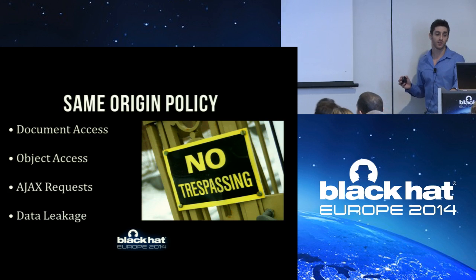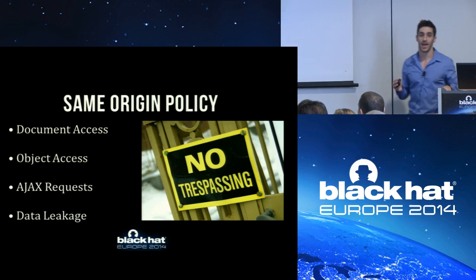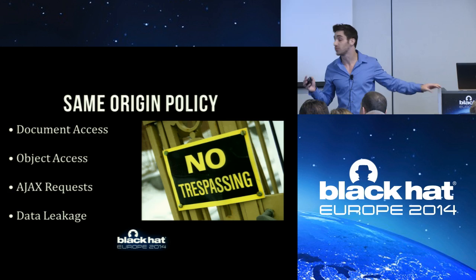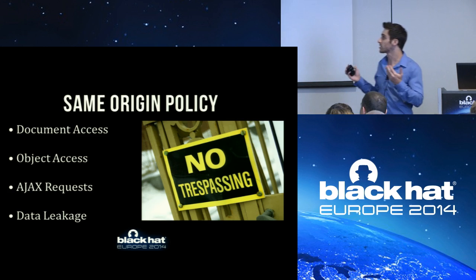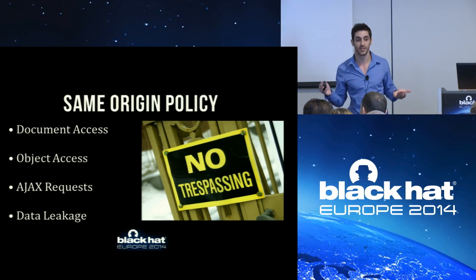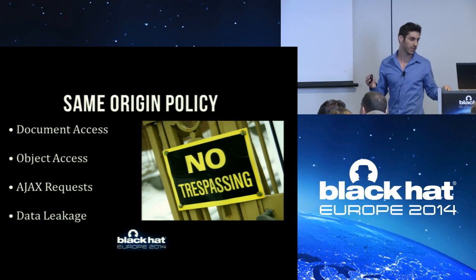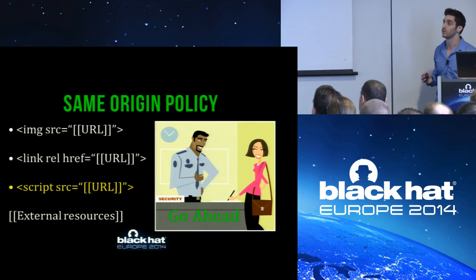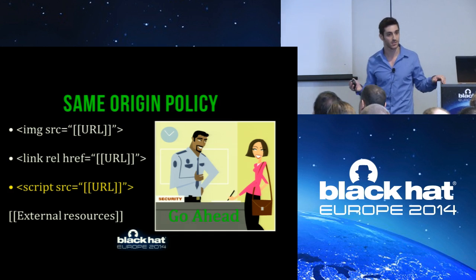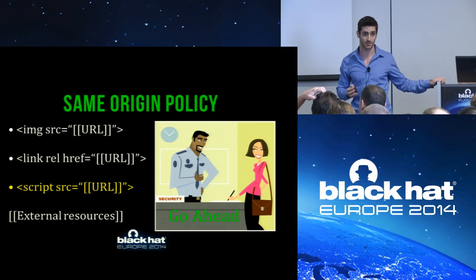So same origin policy will essentially block access from across an origin to the document object model and to JavaScript objects. It will restrict security over AJAX requests, and it will prevent data leakage. But what same origin policy will allow is external resources such as images, styles, and scripts.